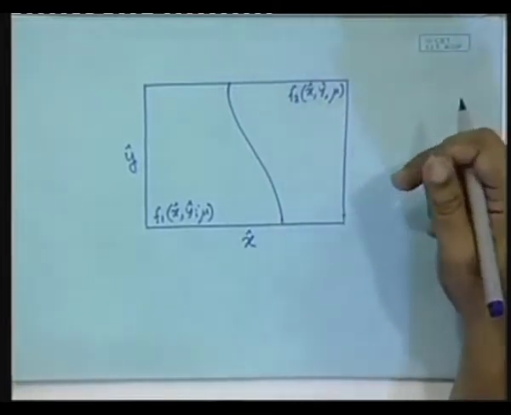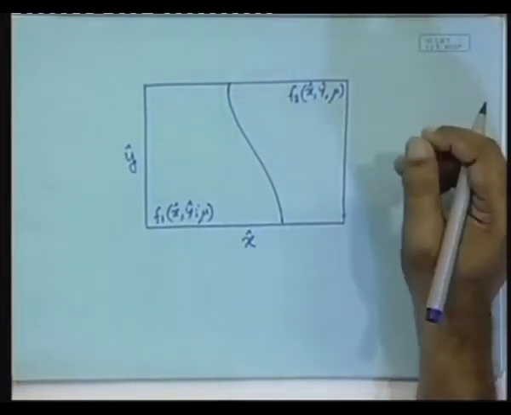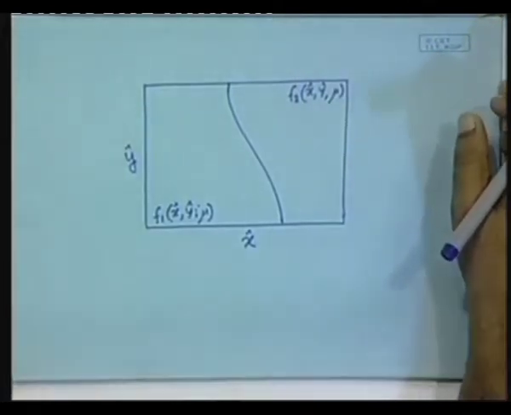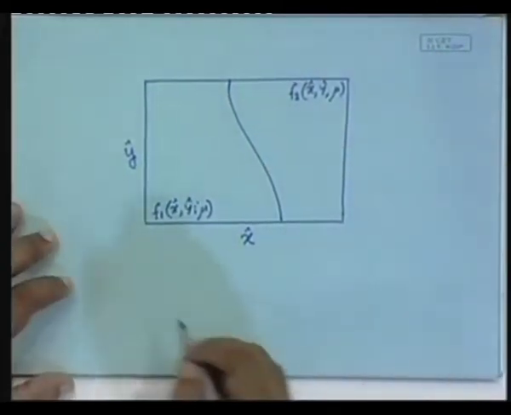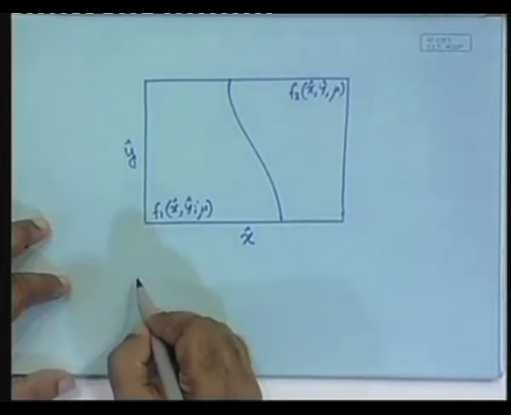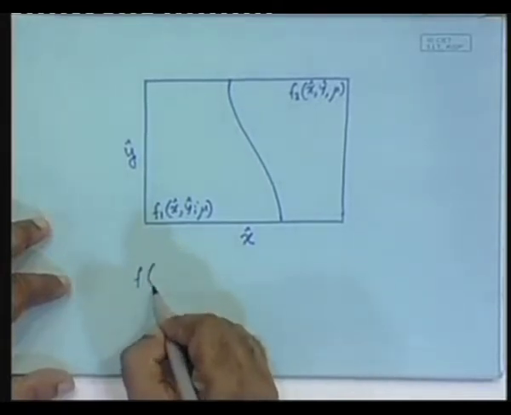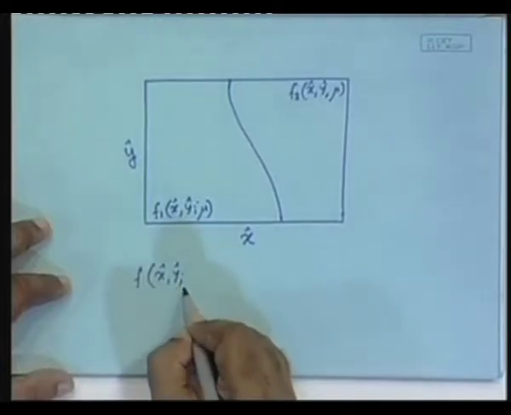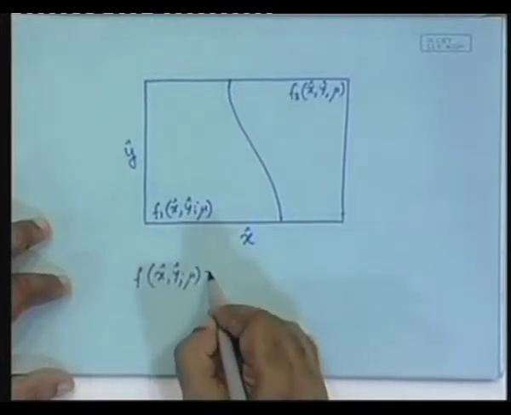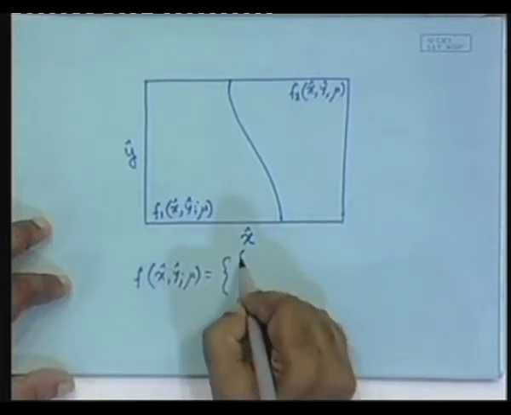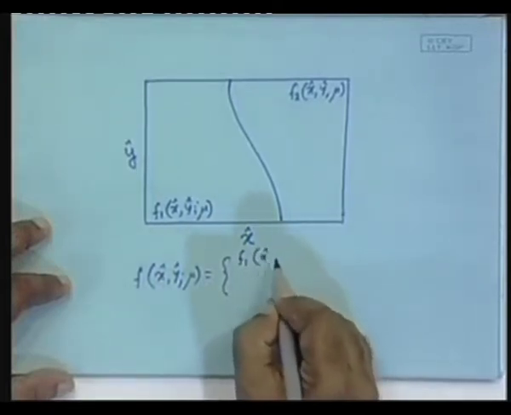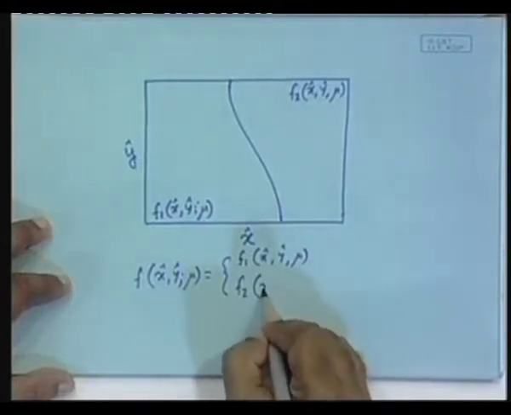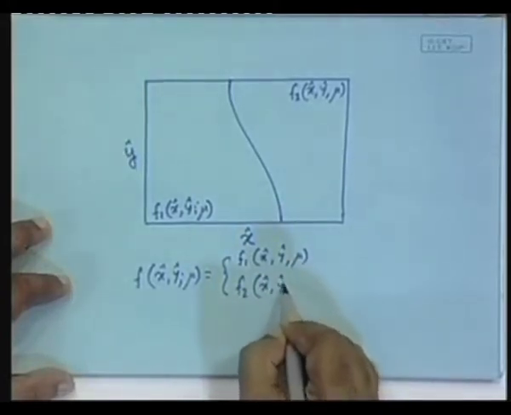This is necessary so that we can later deal with a relatively small number of notations. So, it is actually a map where f of x hat, y hat, mu is given as f1 of x hat, y hat, mu, and f2 of x hat, y hat, mu.